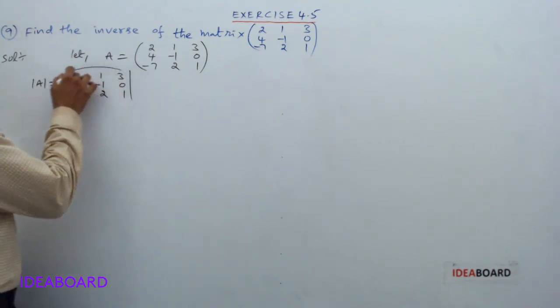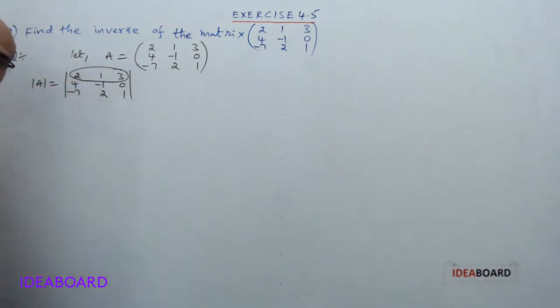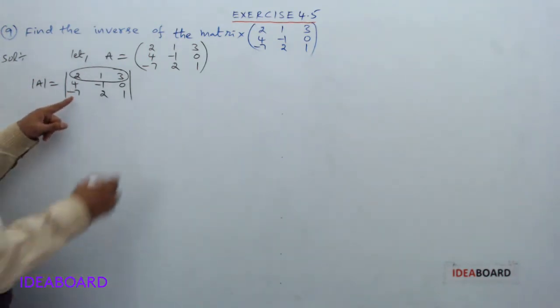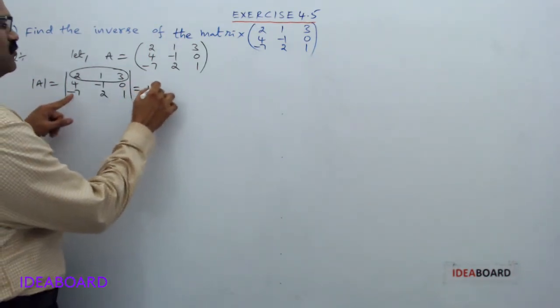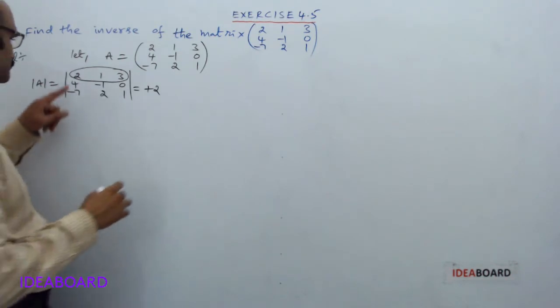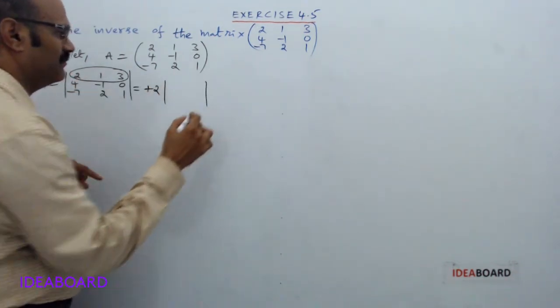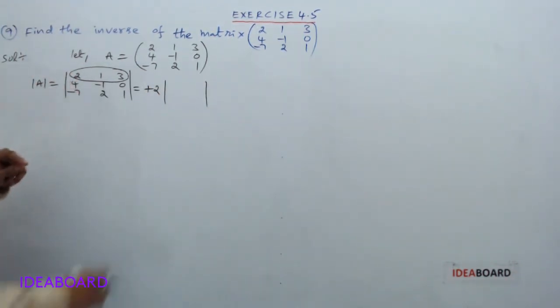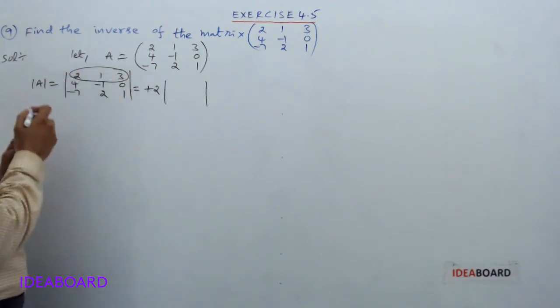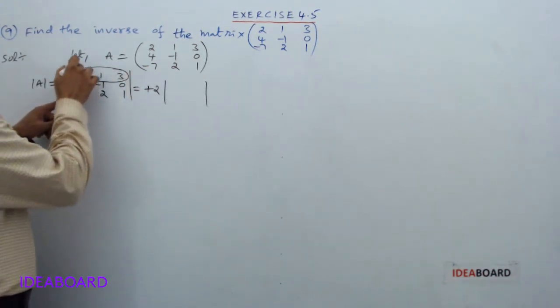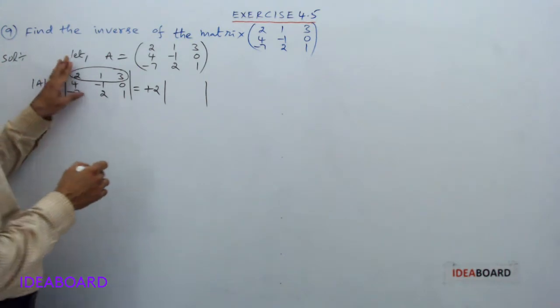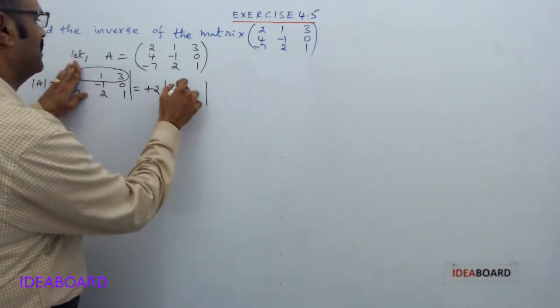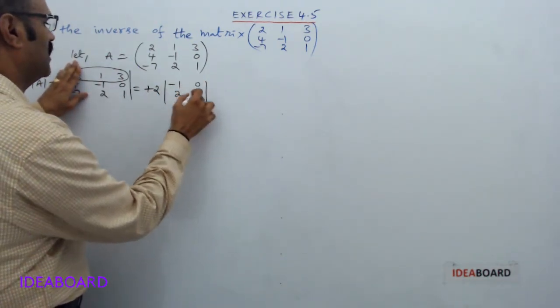So let us expand along the first row. So equal to, we have to take plus 2 into the determinant of, the element 2 lies in first row and first column, so we have to close the first row and first column. Remaining elements we have minus 1 0 2 1.